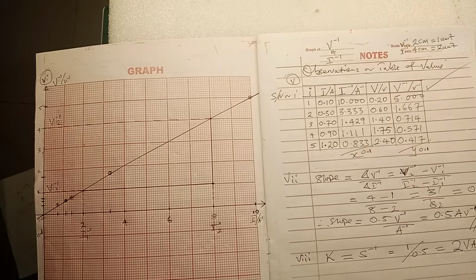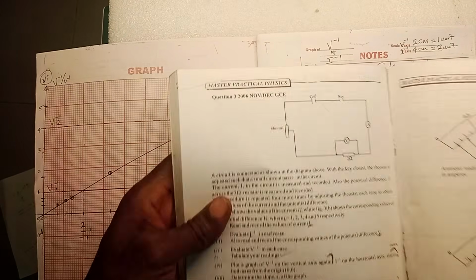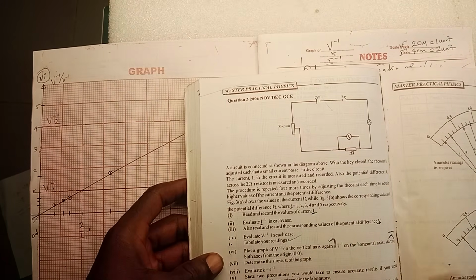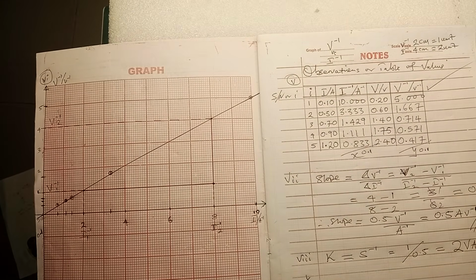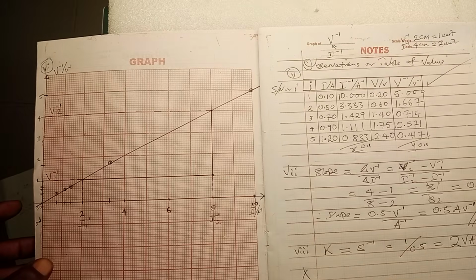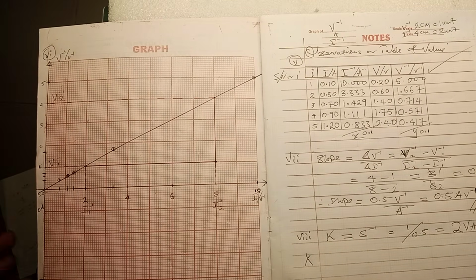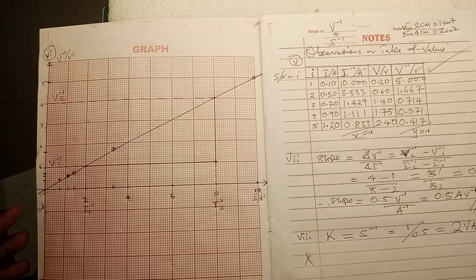Good. The next thing they ask us to do is to state 2 precautions. That is X. Now there's a way you state precautions when it comes to alternative to practicals. You don't say I avoided error due to parallax.